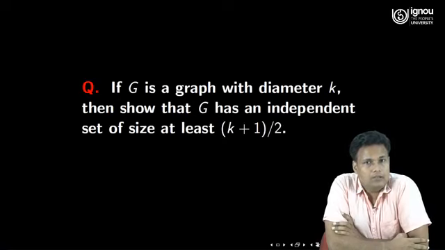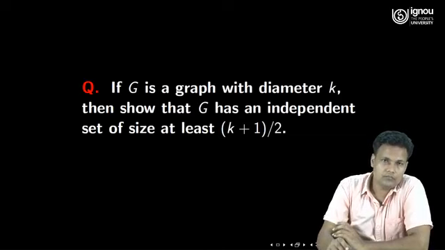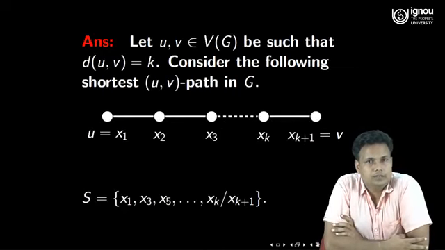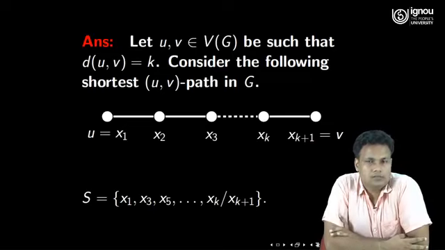The graph has diameter k. It means that it has two vertices which are at a distance of k. So let us choose two vertices u and v in such a way that the distance between them is k. Now consider the shortest u-v path in G, which is shown here. This path has length k, and hence it has k+1 vertices.